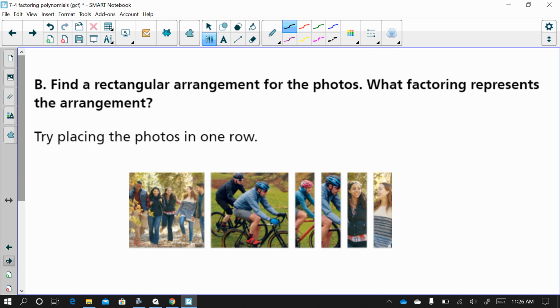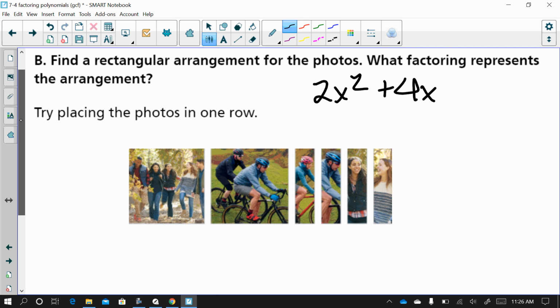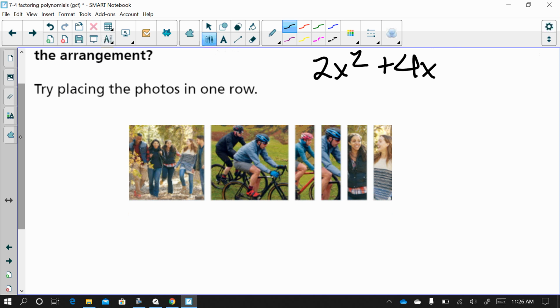Okay, so I know I have 2x squared plus 4x. Okay, so let's find a rectangular arrangement for the photos. What factoring represents this arrangement? Well, how long is this side? Remember that was x. And this side was also x, and then these were each 1.